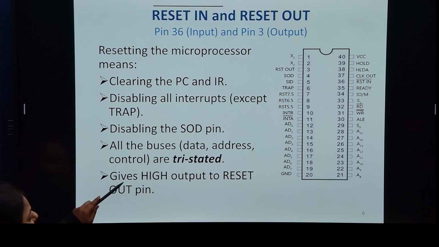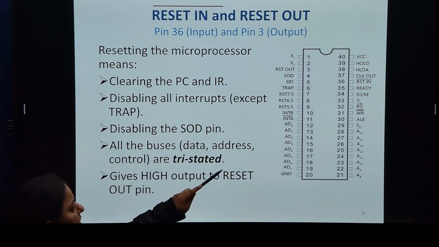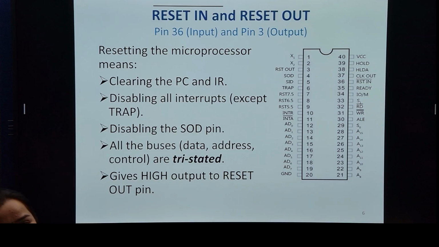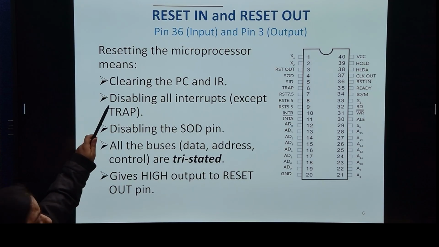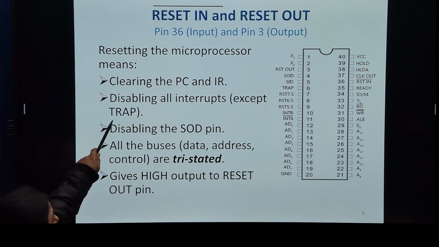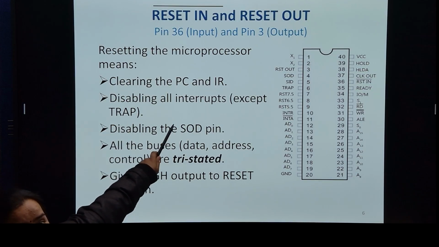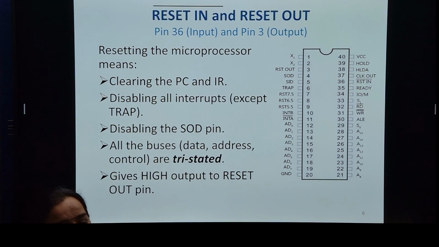Then it gives a high output signal to the reset out pin. Whenever we are resetting the microprocessor, these functions are performed.